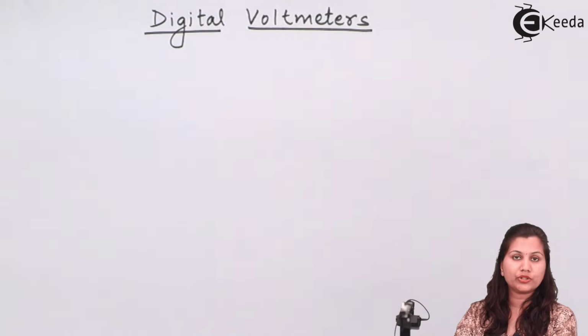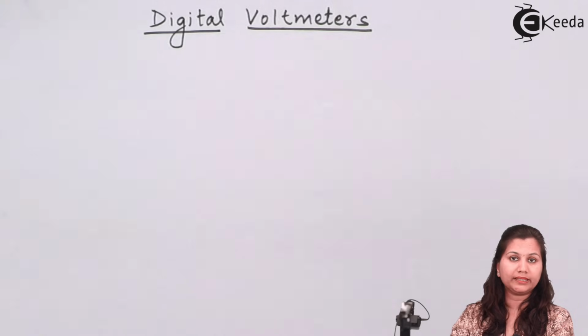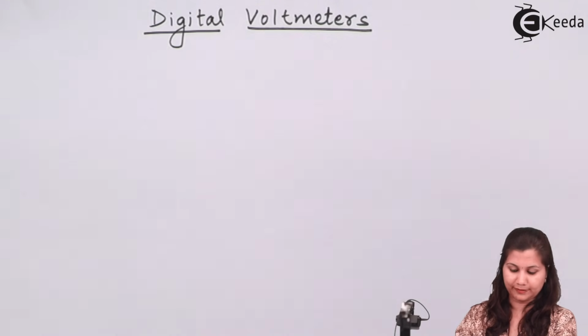Before starting with the digital voltmeters, first we will study what a voltmeter is. A voltmeter is an instrument which is used to measure the potential difference between 2 points.